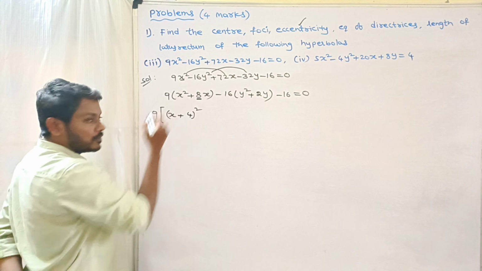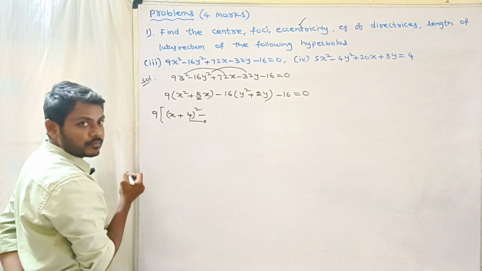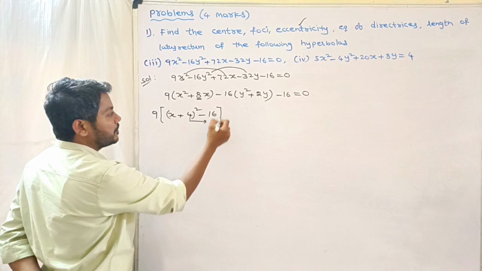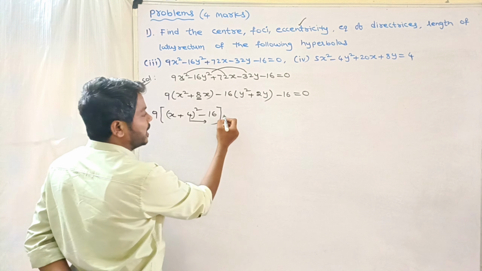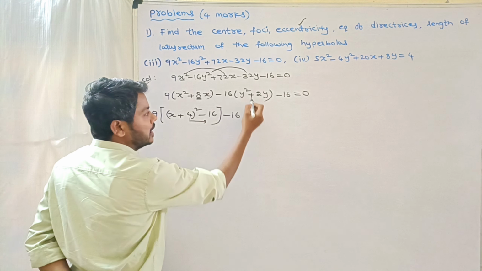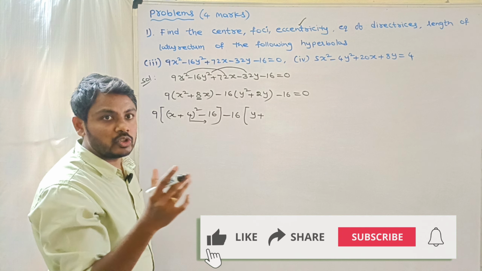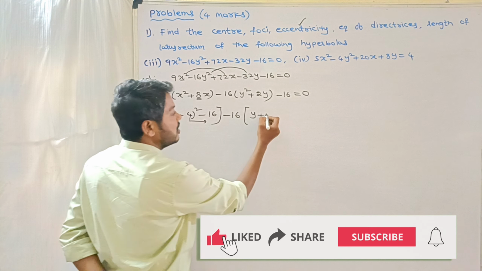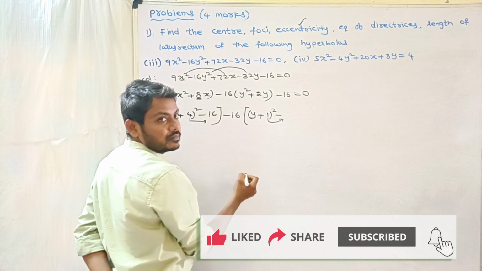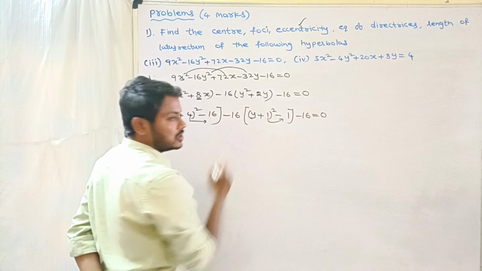Square of the whole term minus square of the second term, that is 4² is 16. Bracket close. And go for next, minus 16 into y, in between plus, so write plus. What is the half value of 2? 2 divided by 2 is 1. (y plus 1) whole square minus square of 1, that is 1. Minus 16 equals to 0.